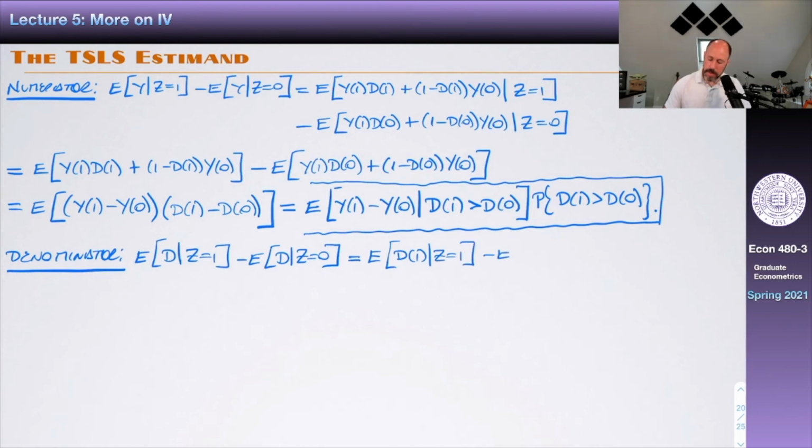When z equals 0, this is d0. By independence, this is just expected value of d1 minus d0, which is just equal to the probability d1 is greater than d0.